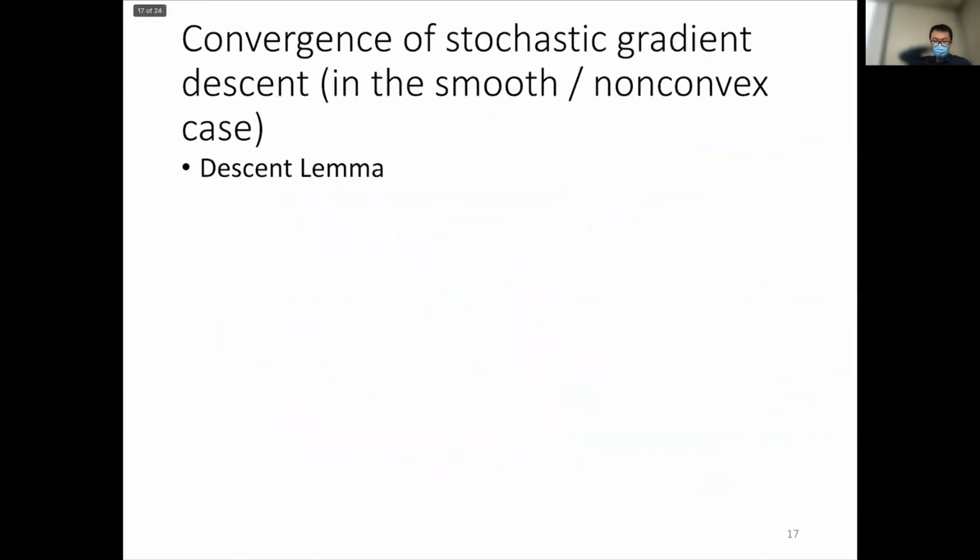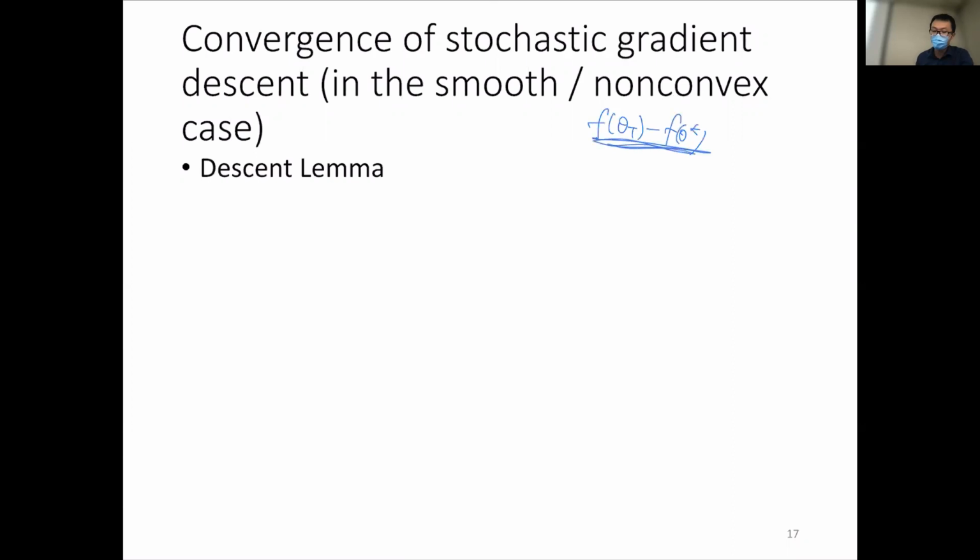To give you a flavor of how these actually work, I'm going to very quickly sketch the convergence of stochastic gradient descent on a problem in the non-convex setting. In a non-convex setting, we can no longer hope to get a result that bounds f of theta t minus f of theta star, because there are multiple local minima that we may get stuck in.